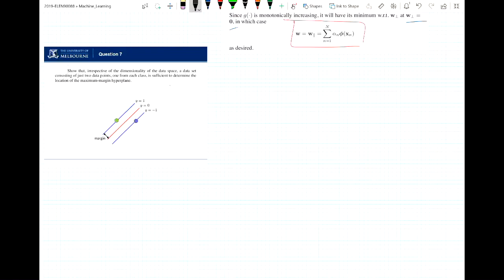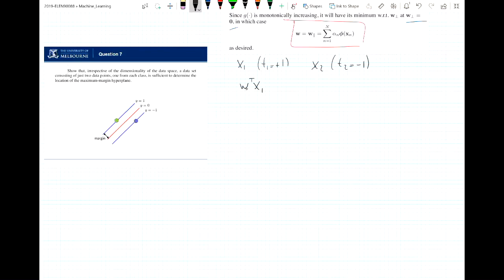So let's say there are 2 points belonging to the 2 classes. x1 has a label t1 equals +1, and x2 has a label t2 equals -1. Then when we write them down, this is a linear version, so therefore not phi of x, but just x.